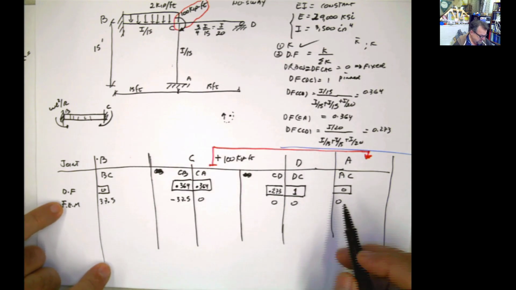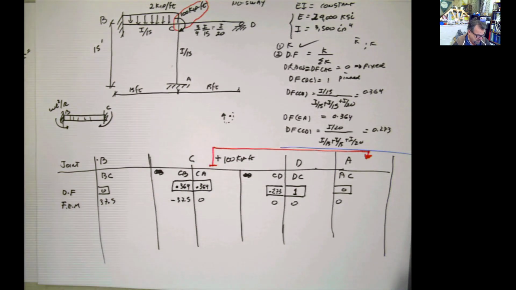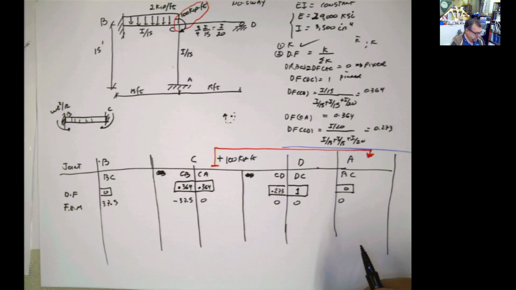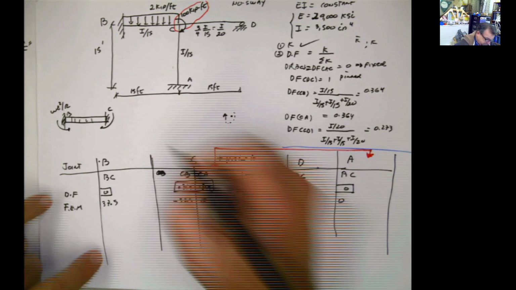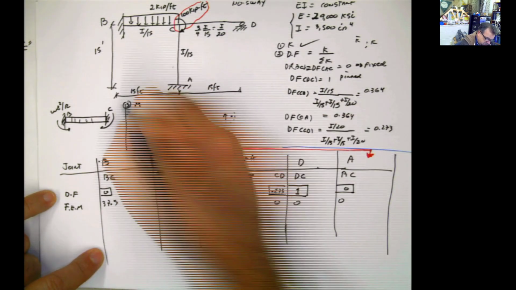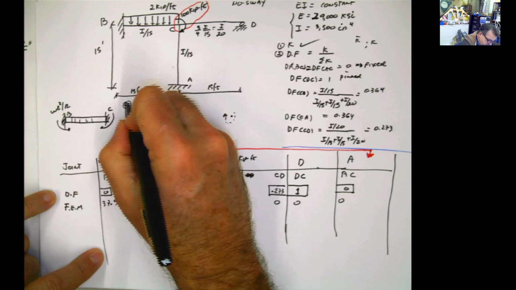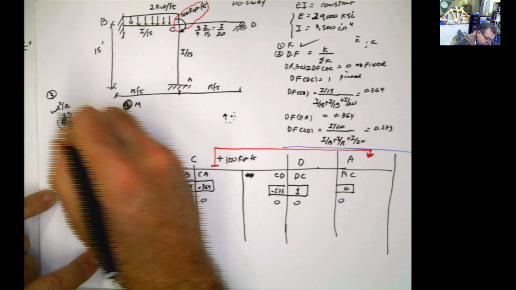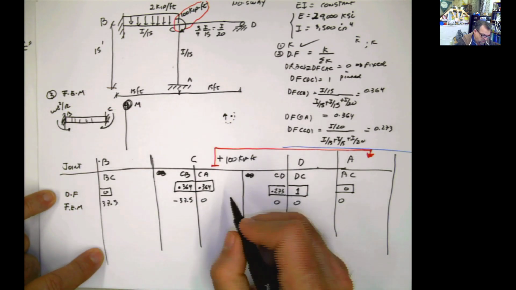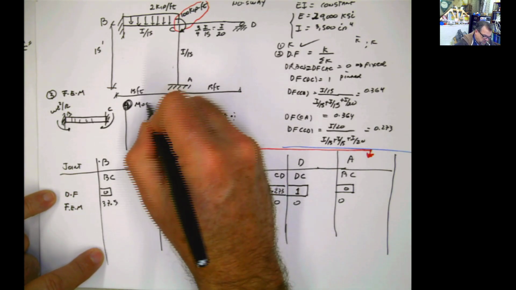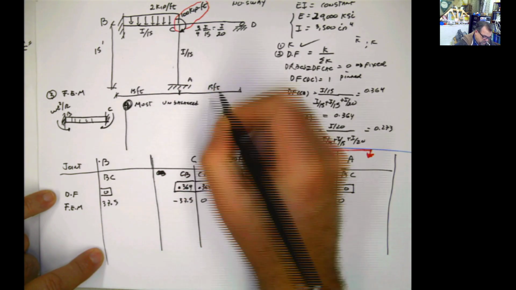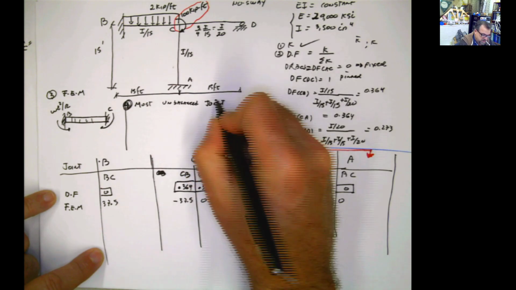So once we have this, the next step is what? We have to look for the most unbalanced joint. That will be step 4. Step 3 is this, the fixed moments. So step 4 is looking for the most unbalanced joint or joints.